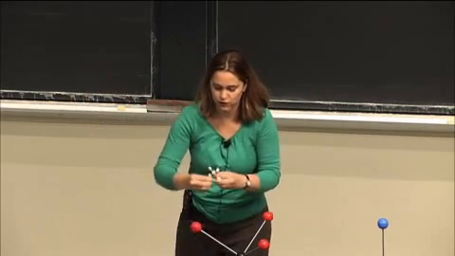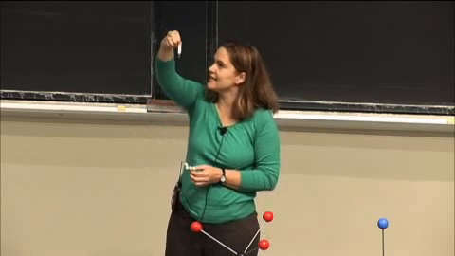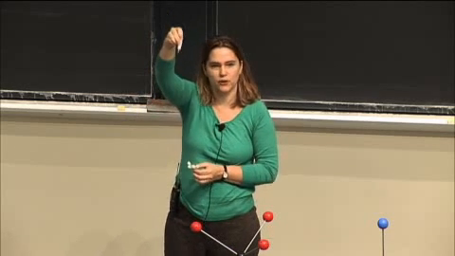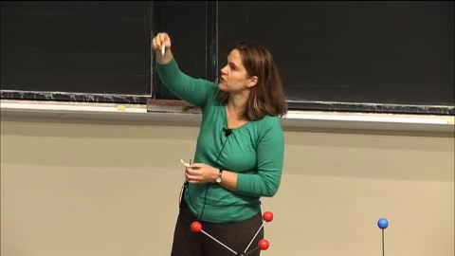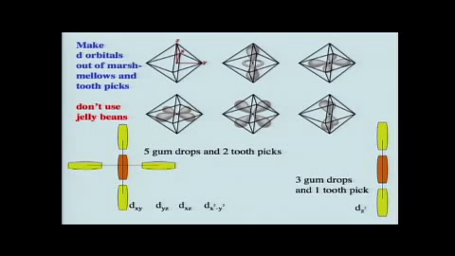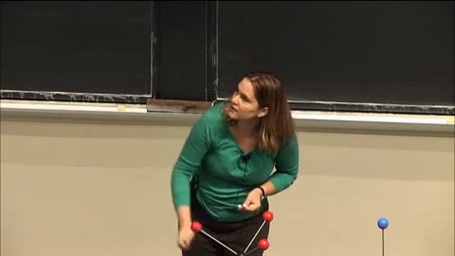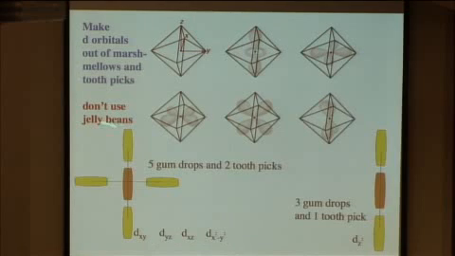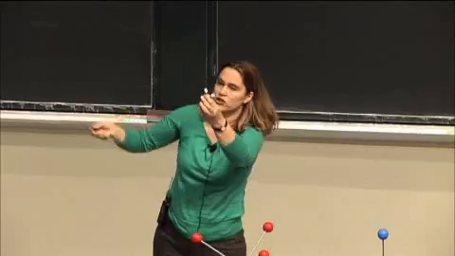You can take one toothpick and make dz squared, putting on your orbitals. You have your donut in the middle, and then your two lobes, which run along the z-axis. And then for your other sets of orbitals, you can take these two toothpicks and put them on these sets of mini marshmallows.